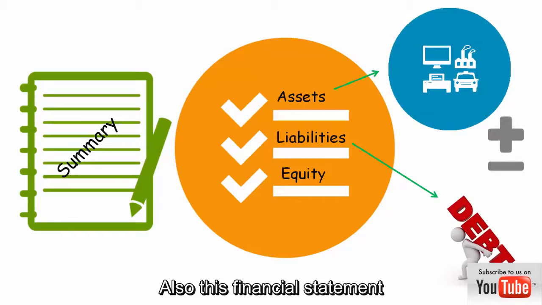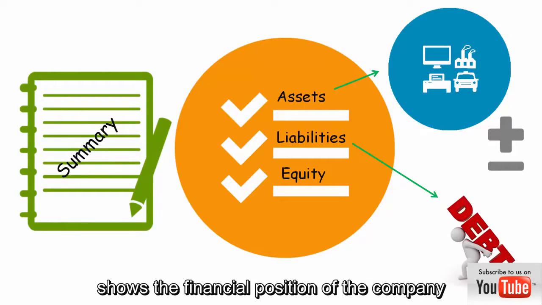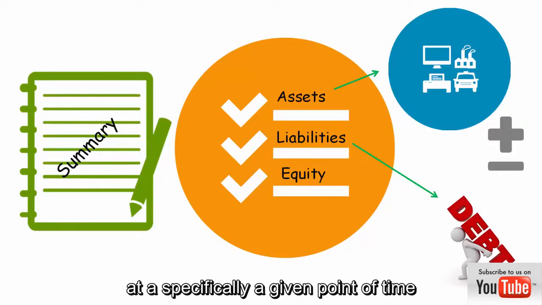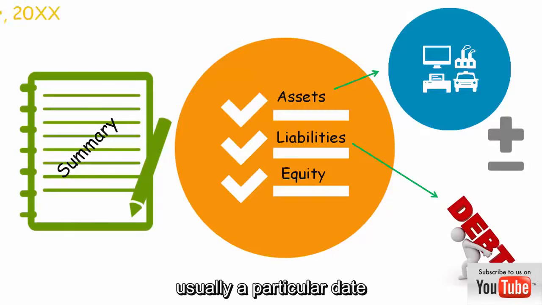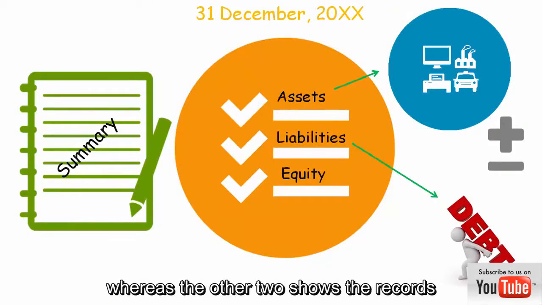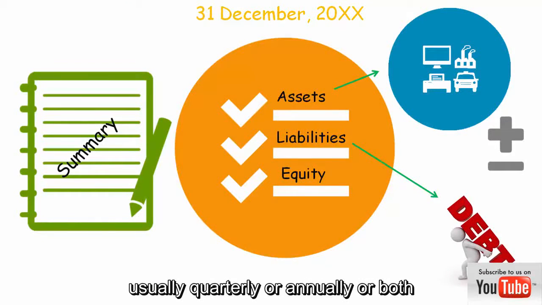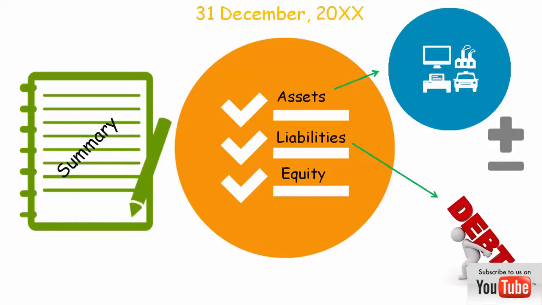Also, this financial statement, unlike income statement and cash flow statement, shows the financial position of the company at a specifically given point of time, usually a particular date at the end of the financial year, whereas the other two show the records during a given period of time, usually quarterly or annually or both.